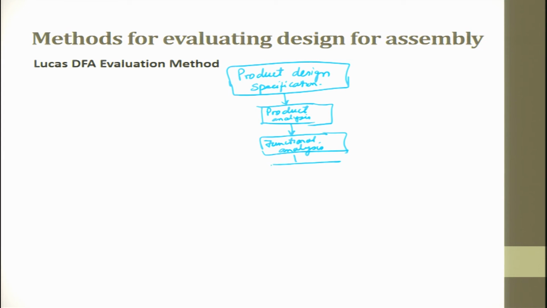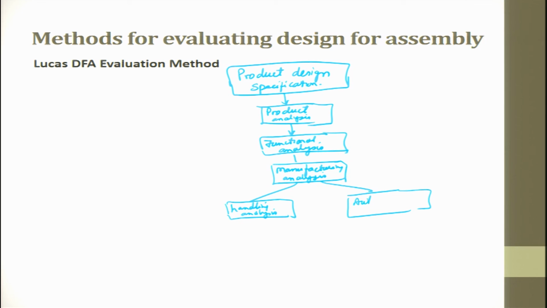So, this is product design specification, then product analysis, then what comes is functional analysis. Then you do manufacturing analysis, then this gets split into handling analysis. How are you going to handle the part? And then it is going to be automatic, or automation analysis. Okay.